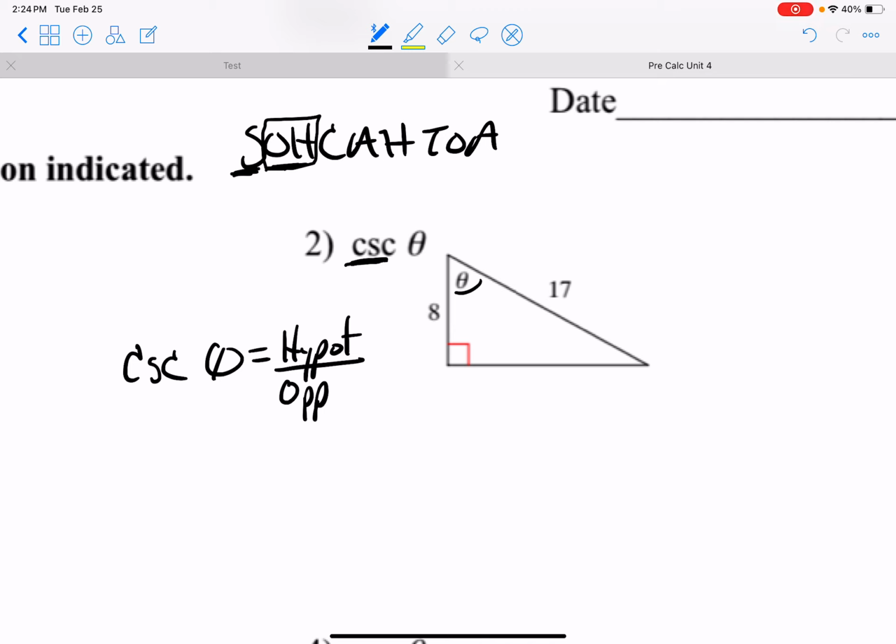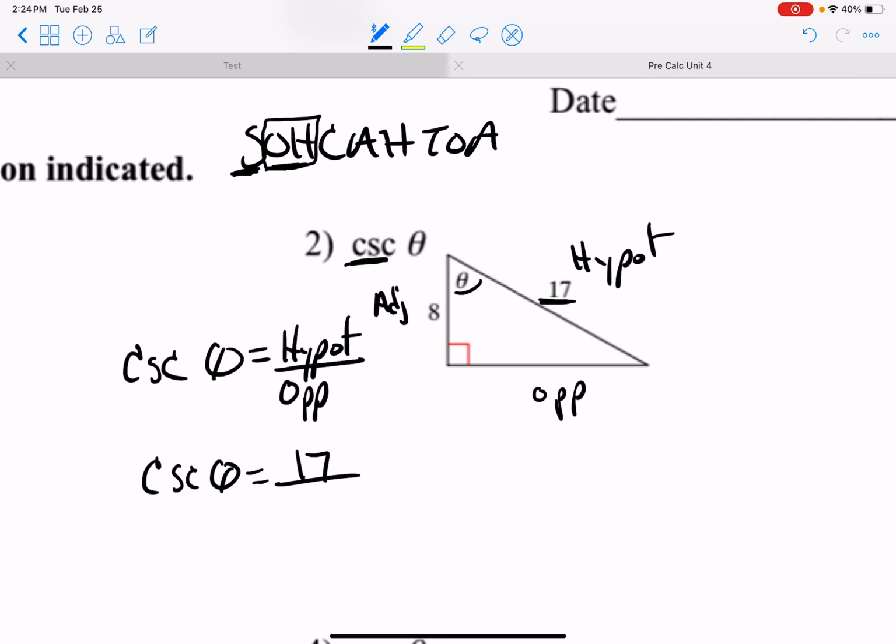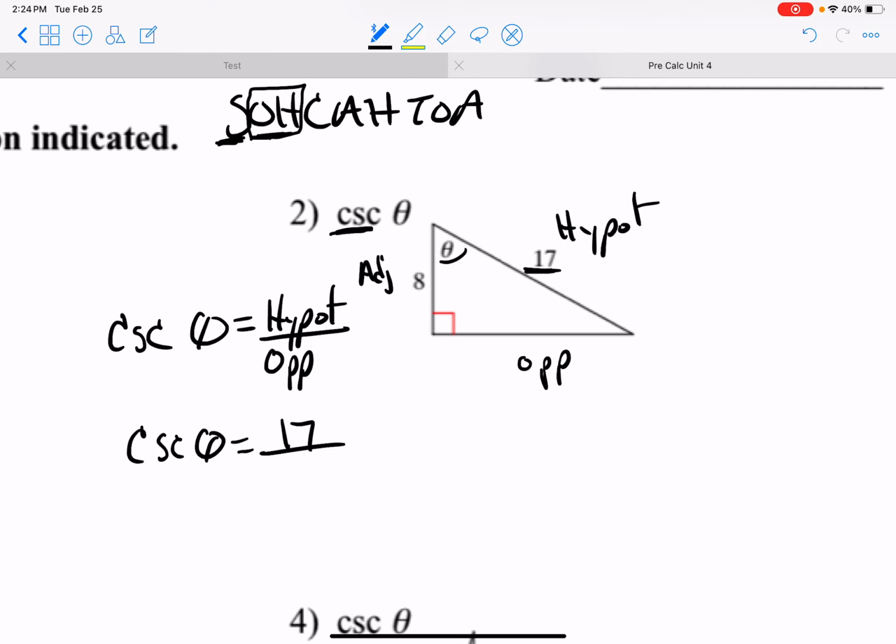So let me go ahead and label around my triangle. Here's the hypotenuse. Here is the opposite. And here is the adjacent. Oh, man. Well, I already know the cosecant of theta equals the hypotenuse, which is 17, over the opposite, which I don't know, which means I have to do a squared plus b squared equals c squared.